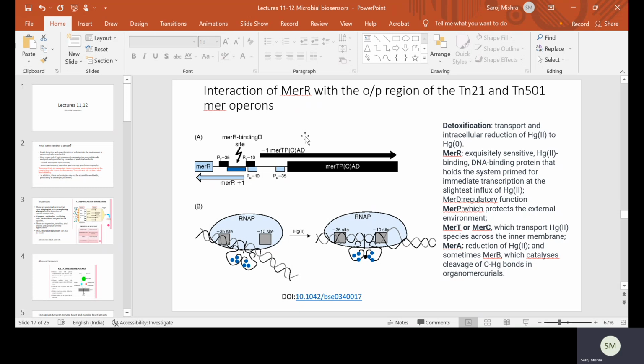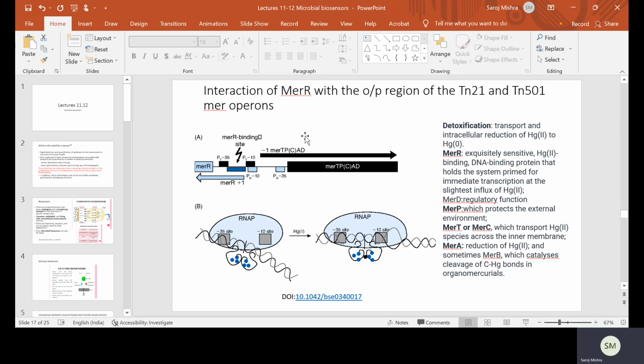The case study I discussed last time was the detection of naphthalene using the lux operon, and you also learned the chemistry of how bioluminescence is produced by the action of enzymes which are a part of the lux operon.